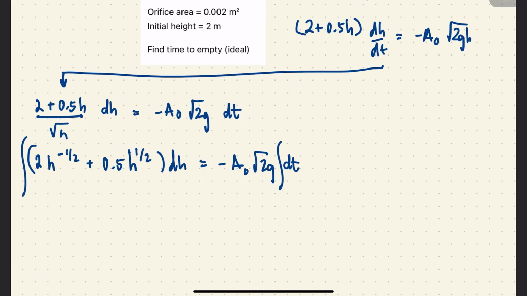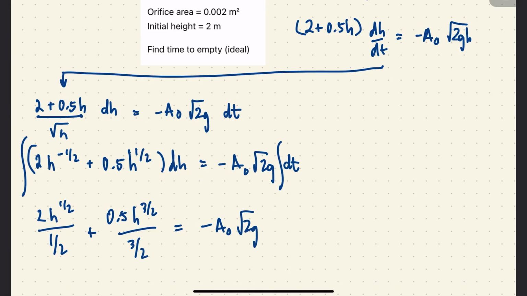So this becomes h raised to 1 half over 1 half. So that's 2 h raised to 1 half over 1 half plus, this will be 3 halves. So 0.5 h raised to 3 halves over 3 halves is equal to negative A sub o square root of 2g t plus c.